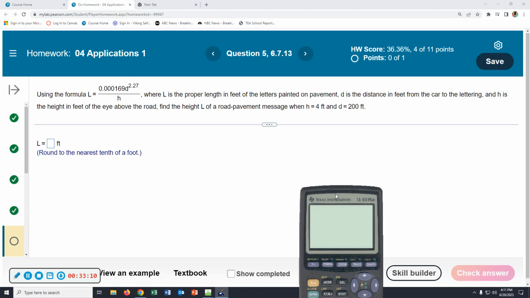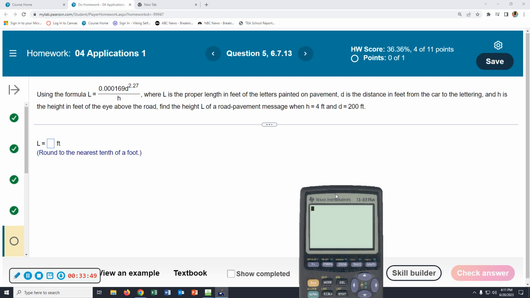L equals 0.000169 D to the 2.27 power all over H, for L is the proper length in feet of the letters painted on the pavement. D is the distance in feet from the car to the lettering, and H is the height in feet of the eye above the road.